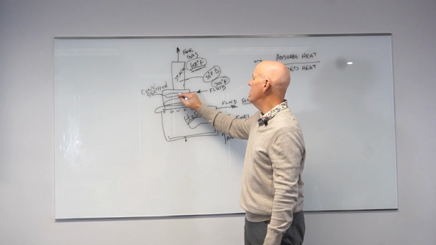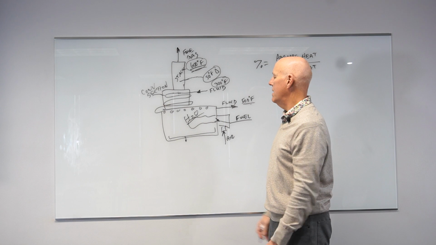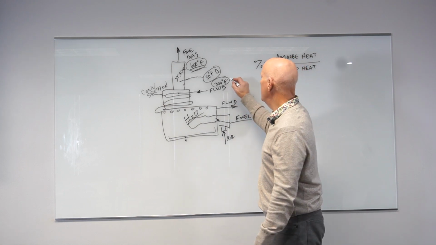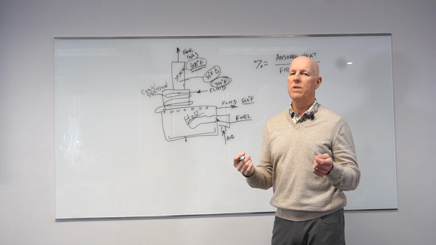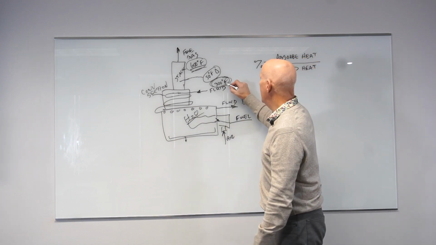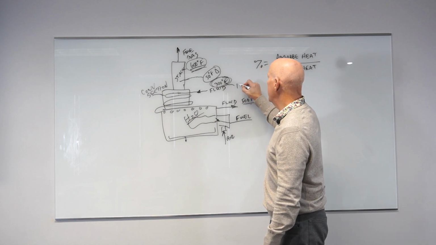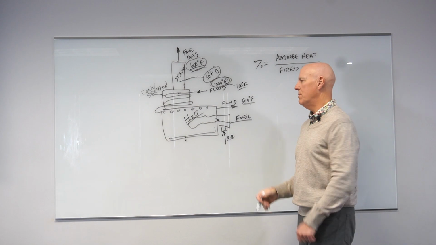If I get down to 140 degrees or so, then I'll have condensation. But as long as this is 300, I can't get to 140. So really, the condensation issue is only relevant when I have a really low inlet temperature, let's say 100 degrees F. Then I've got condensation I've got to think about.